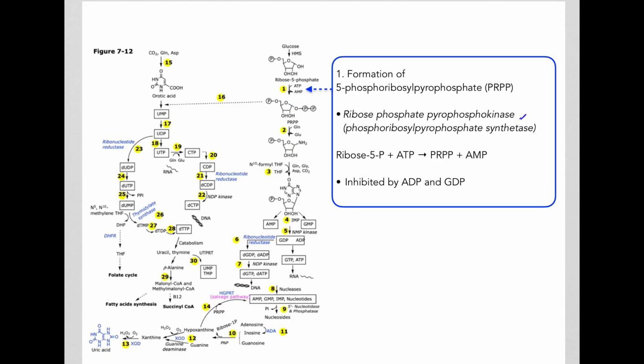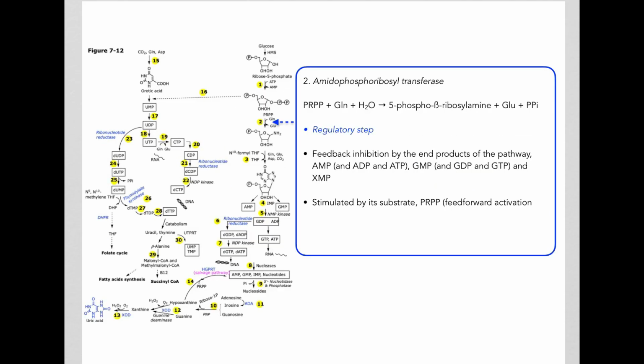This enzyme is inhibited by some of the products of this pathway, especially ADP and GDP. So when ADP and GDP accumulate, they can inhibit the enzyme ribose phosphate pyrophosphokinase. In the next reaction, you can see an amine group that comes from the amino acid glutamine is attached to the reactive carbon, carbon number 1 of PRPP.